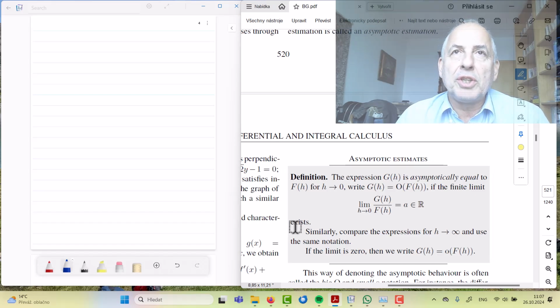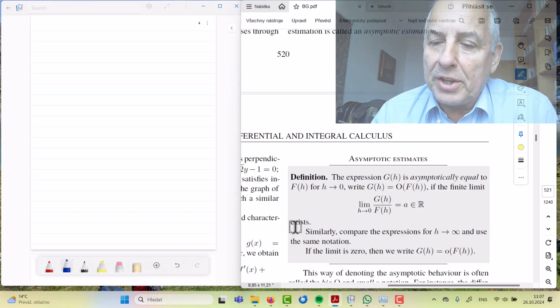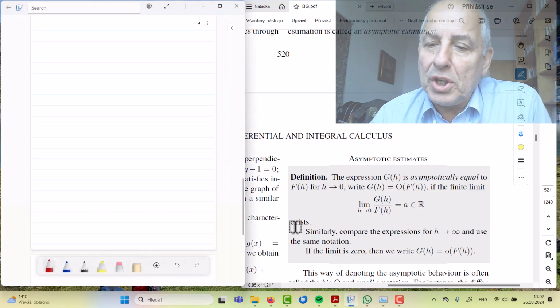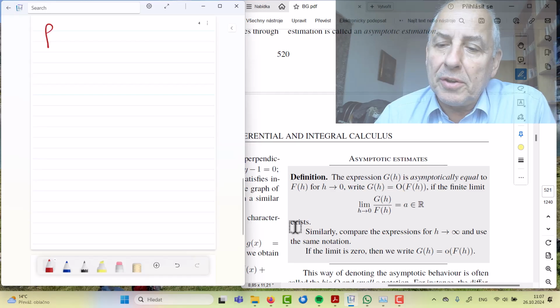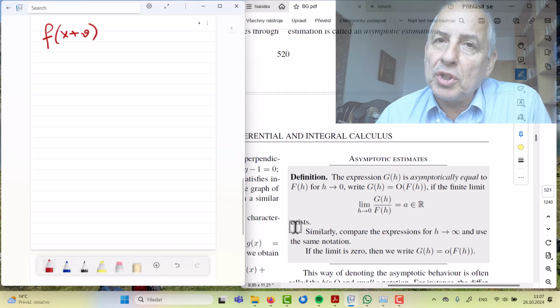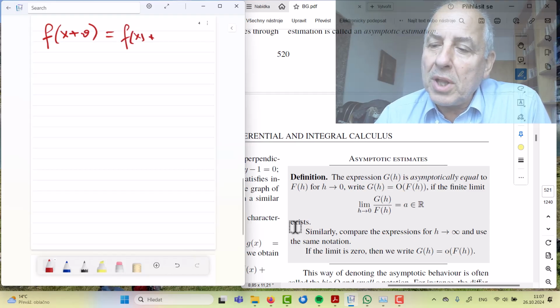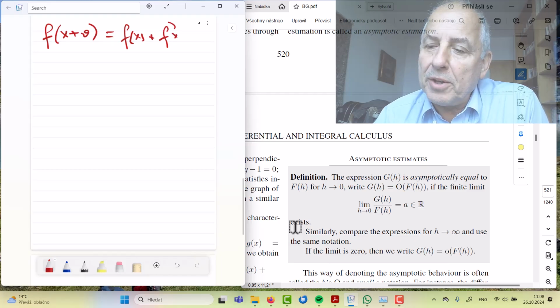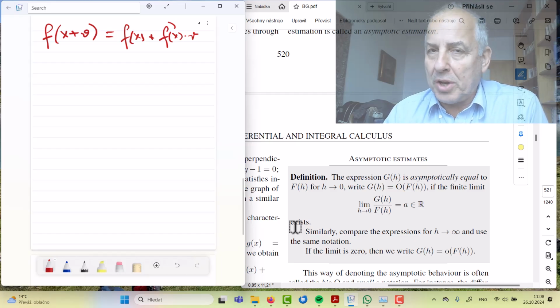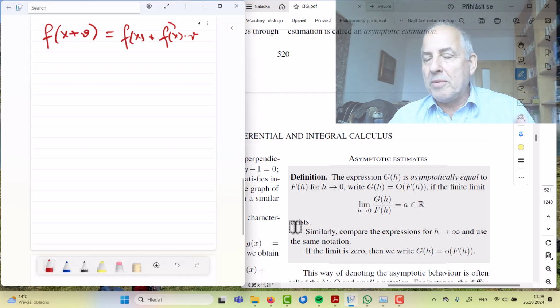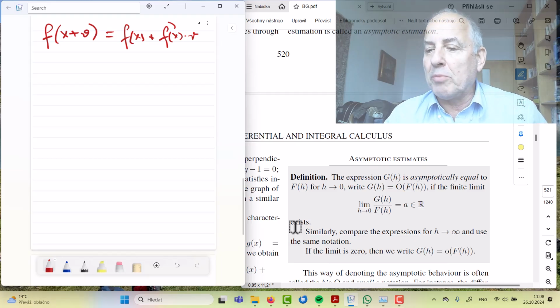If you remember, with the Taylor expansion we had the formula: if I change the position of my argument by the increment v, then I can start with f(x) plus the derivative of f at the point x times v. That's the linear approximation, and we know that linear forms in dimension 1 are just multiplication by a constant.